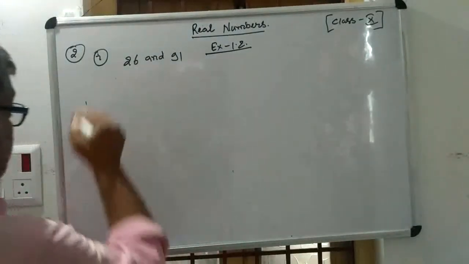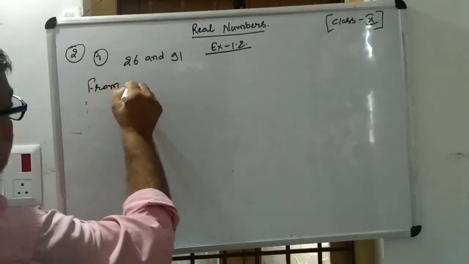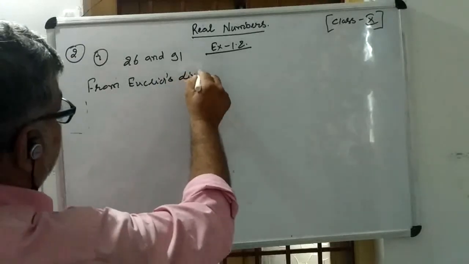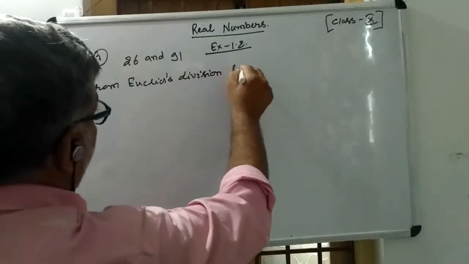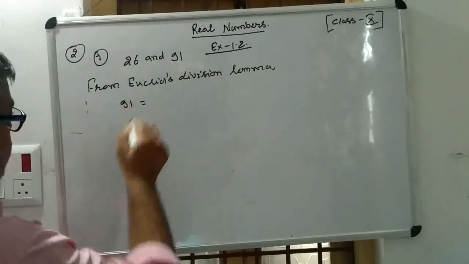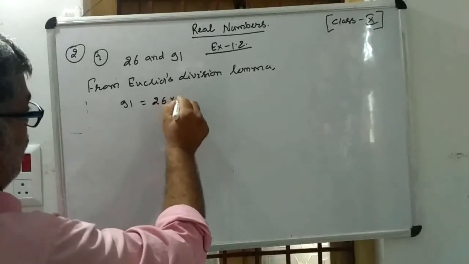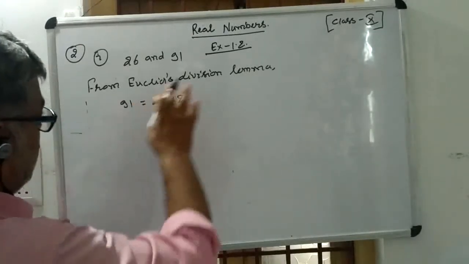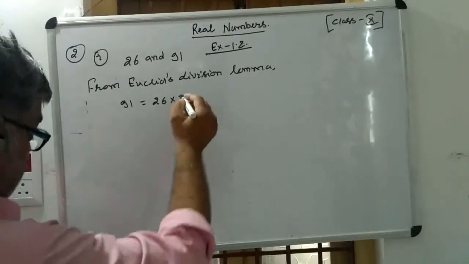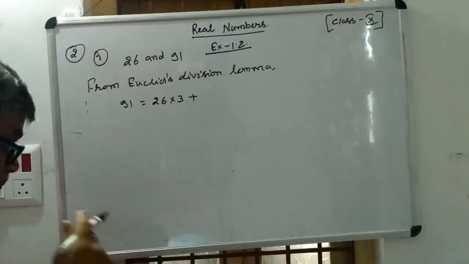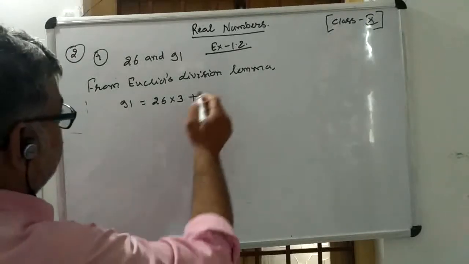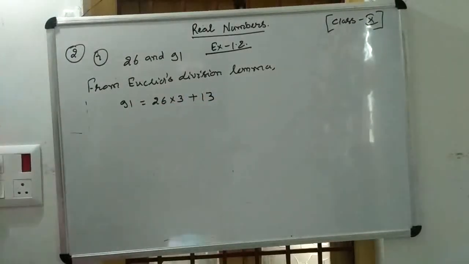From Euclid's division lemma, we can write 91 as 26 into 3 plus 13, since 26 into 3 is 78 and 78 plus 13 is 91. So 13 is the remainder.